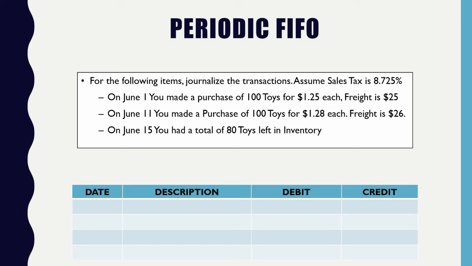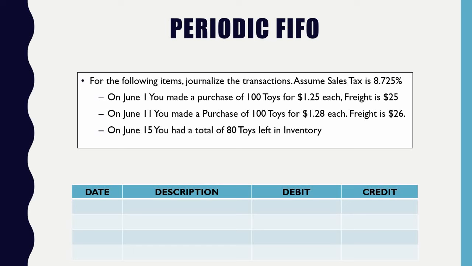And then here, June 11th, you made another purchase of 100 toys for $1.28 with a freight of $26. And the last scenario we have here is June 15. You had a total of 80 toys left on hand. Okay, so this is just a scenario, and we're going to break it down one at a time.